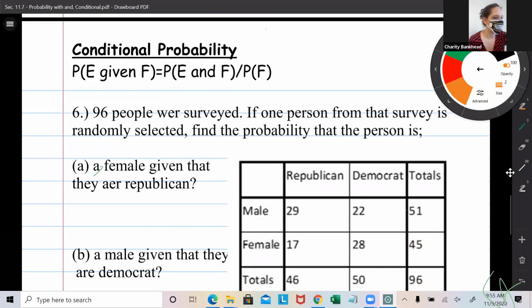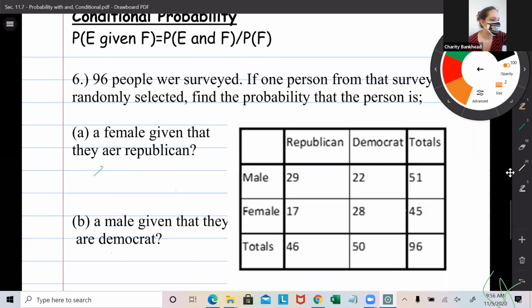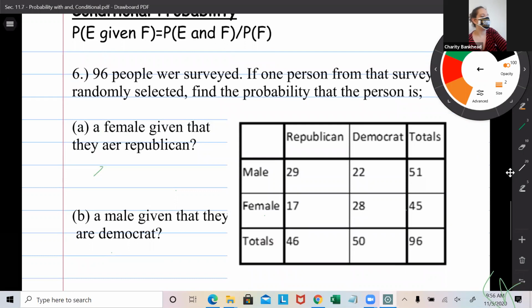So yeah. This is the same problem we had previously, but now we're going to do those questions where it says, you know, given something or other. So 96 people were surveyed. One person from that survey is randomly selected. Find the probability that the person is a female given that they are Republican. Okay, so that's going to basically be E and F, or both of those things, divided by just the given. Okay, so female given that they're Republican.